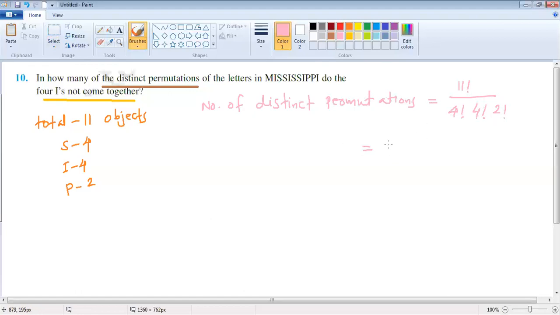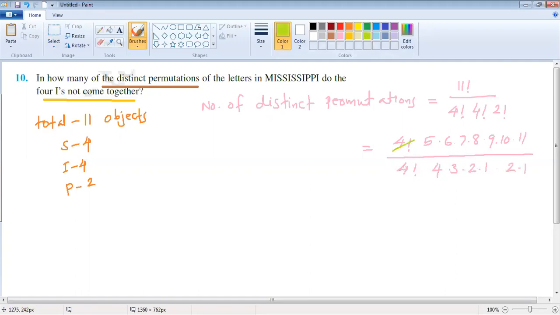So we can write this as 4 factorial into 5 into 6 into 7 into 8 into 9 into 10 into 11, divided by 4 factorial into 4 factorial, that is 4 into 3 into 2 into 1, into 2 factorial, that is 2 into 1.